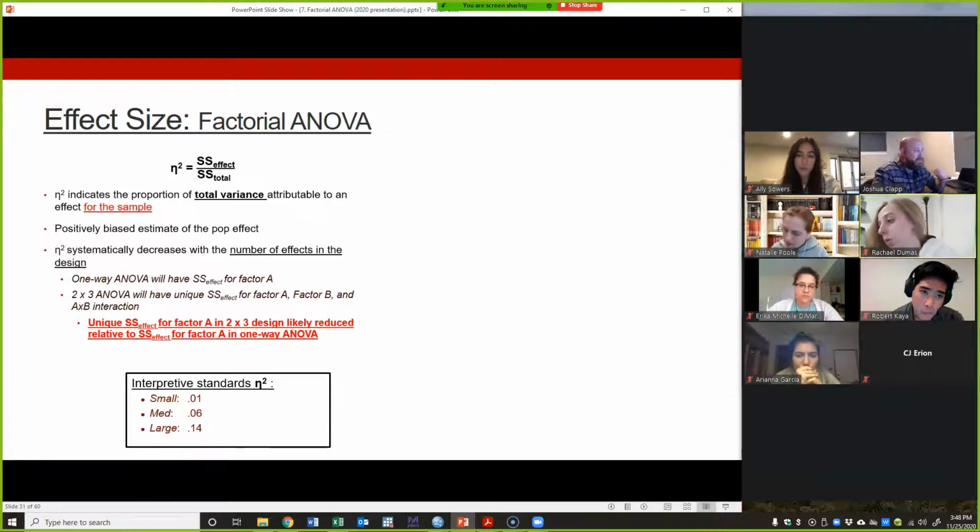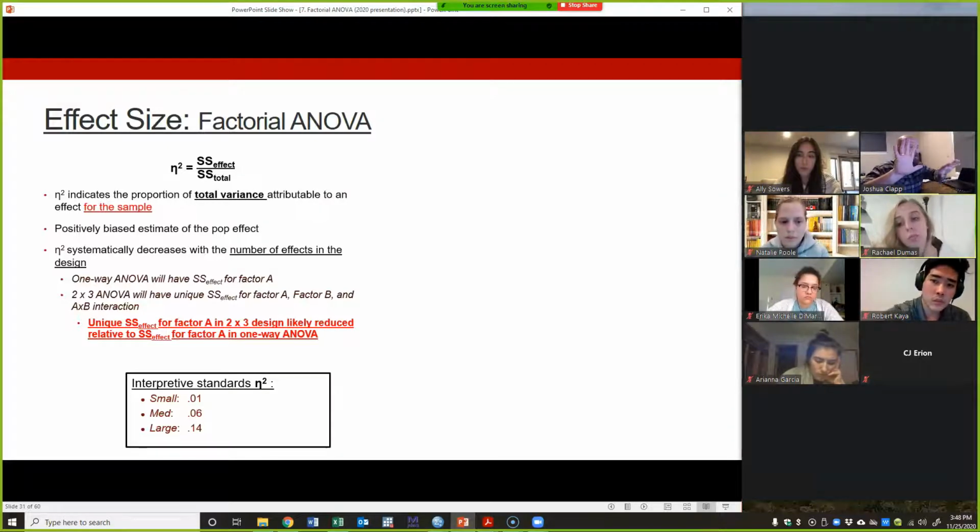And so the sum of squares effect for film is probably going to start to shrink, unless everything's completely orthogonal, unless I've got a true experimental design where everything's randomly assigned and factor A is completely unrelated to factor B. What's going to happen is the variability that I used to get for factor A now starts to get pulled off into other factors.